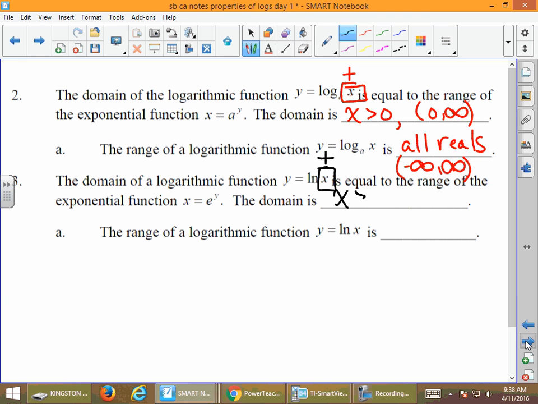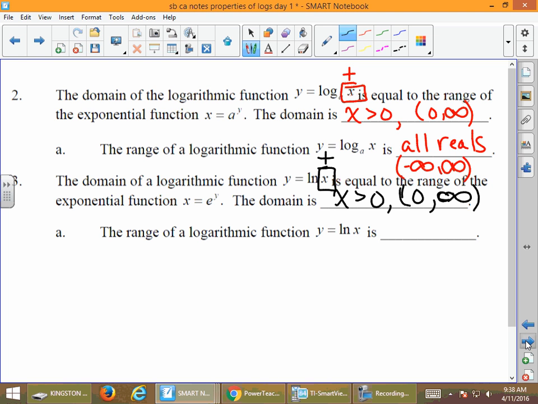So our domain is still x is greater than 0, which is not negative infinity to infinity, but 0 to infinity. Negative 0 to infinity? It's 0. You don't have to have a sign on 0.